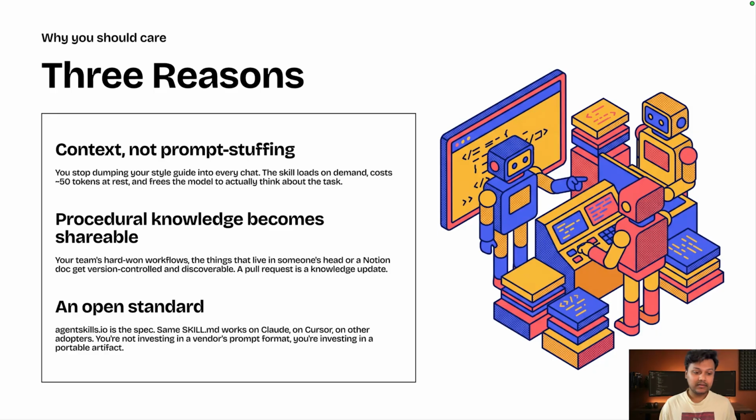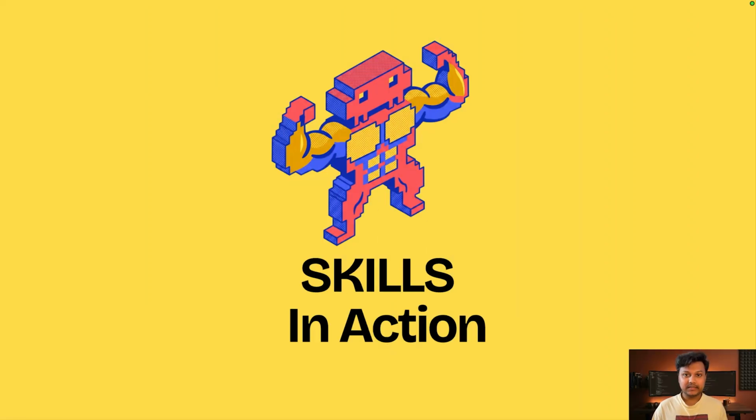So this is the power of the skill.md file, and that's why it's becoming so popular and everyone is utilizing it, so that knowledge sharing between different teams is much easier, and it's much more persistent than just writing something in a particular session, then starting a new session and having to repeat the same knowledge again. So let's see how we can create our own skills and use them to do a repeatable task without repeating the same process over and over again.